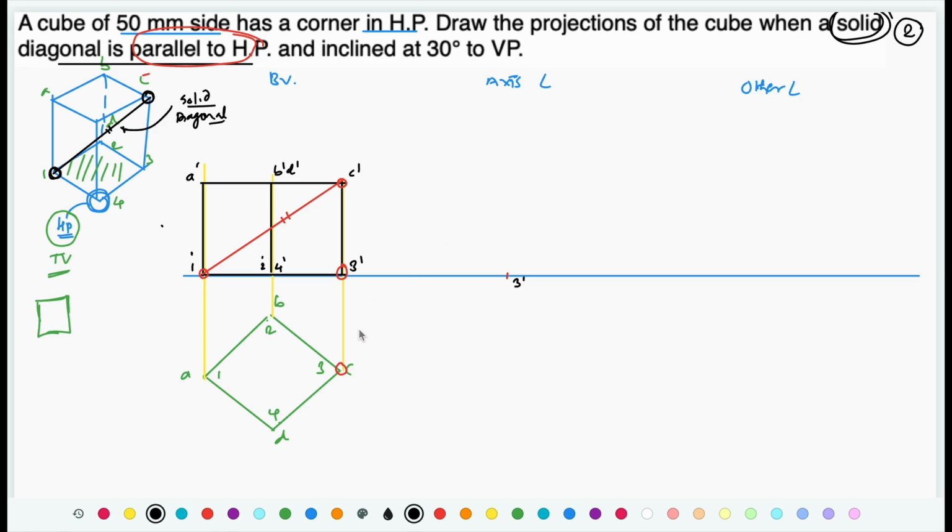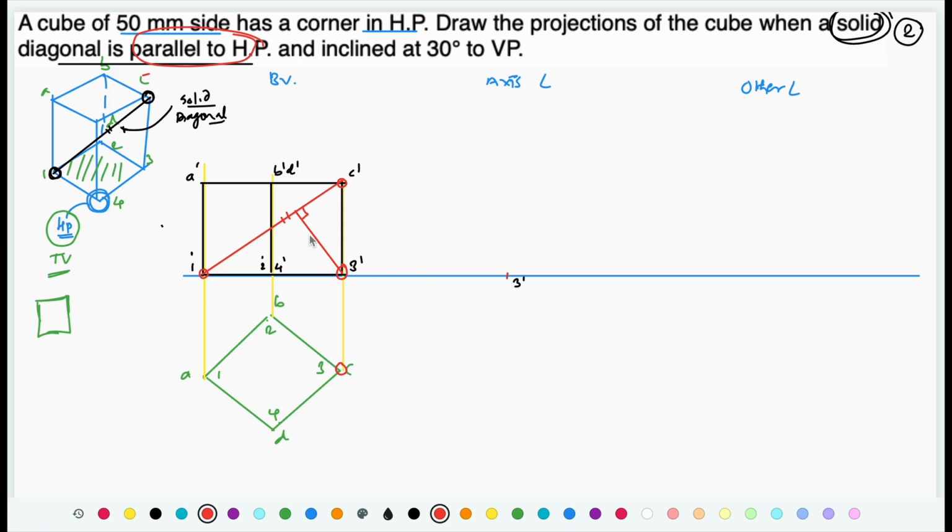Now how to draw that remaining solid? For that, in the basic view itself, from 3 draw one line which is perpendicular to the solid diagonal. Why am I drawing from 3? Because 3 is the reference point for the second view.